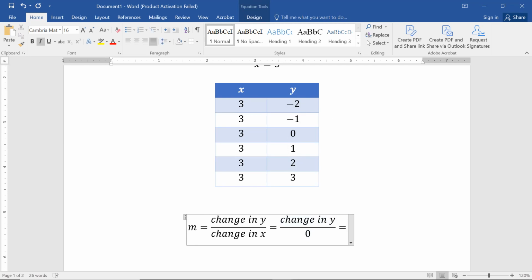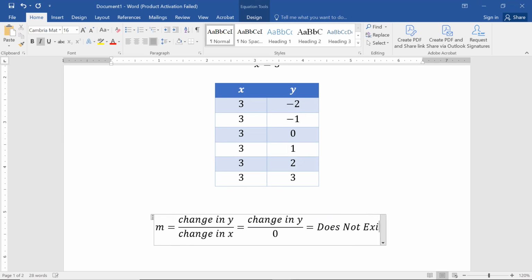If I take 2 divided by 0, or 3 divided by 0, or 1 divided by 0, dividing by 0 is not allowed. And so in this case, the slope, we say, does not exist.